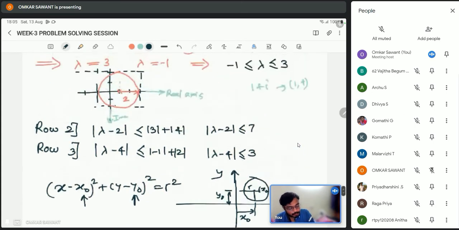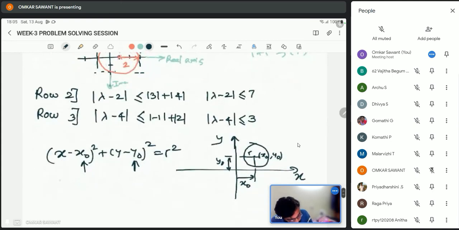Similarly, if we compare this with this, your lambda minus 2 is like x0. This is the value by which your origin is shifted. It is shifted to the right. Minus means it is shifted to the right, because by convention this is minus.